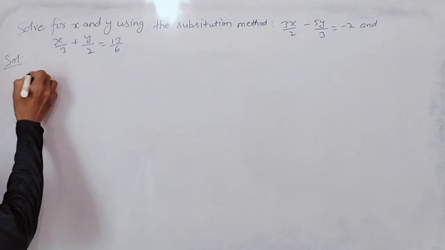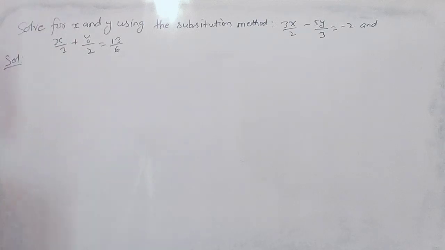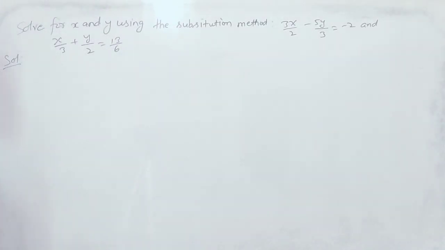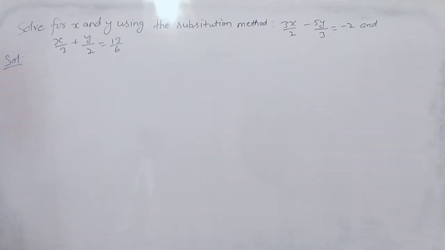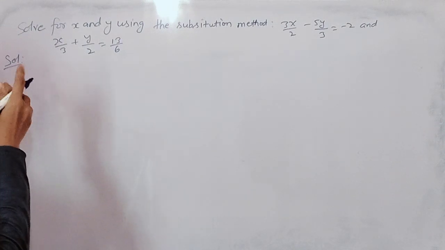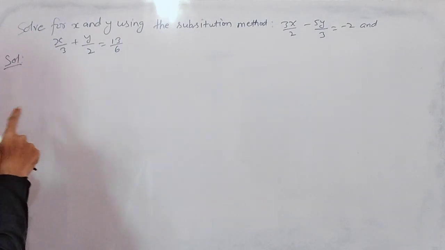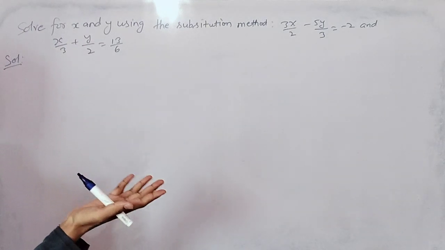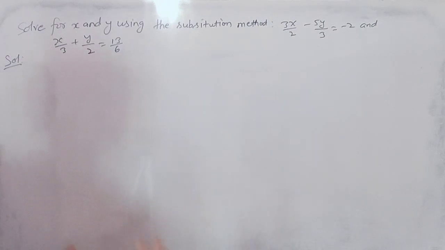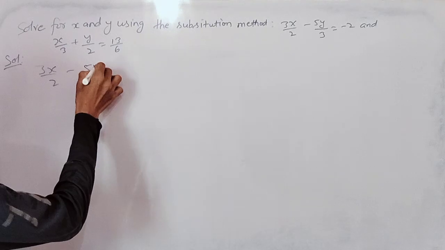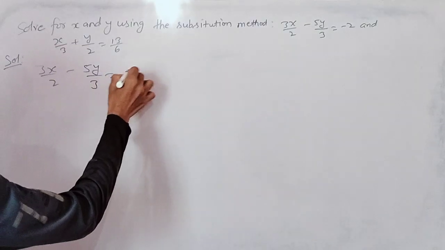Okay. So here, as you can see, each term except minus 2 is a fraction. So what will we do? Cross multiply? No, we will take the LCM. Starting from this equation: 3x upon 2 minus 5y upon 3 minus 2.